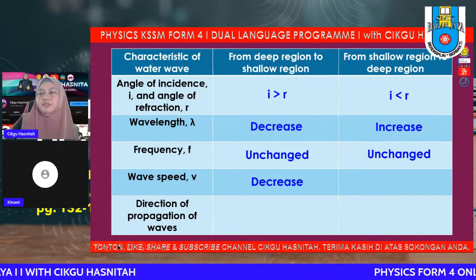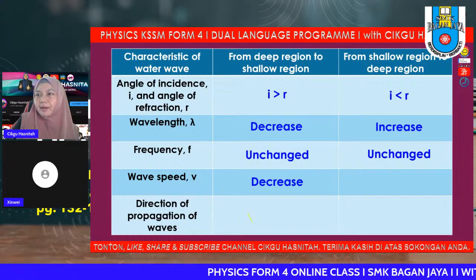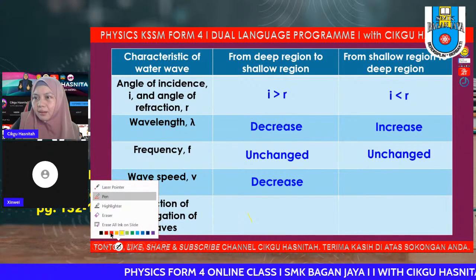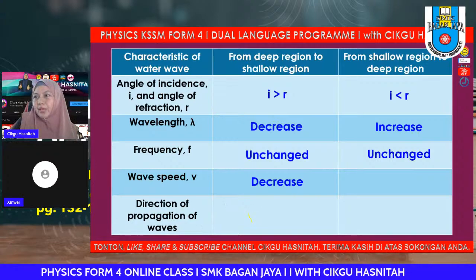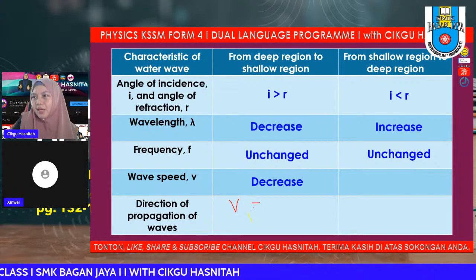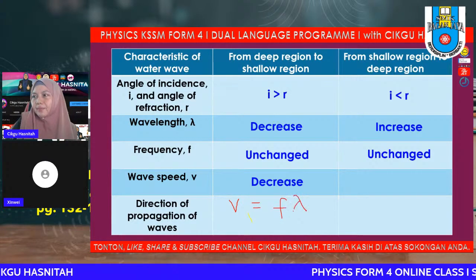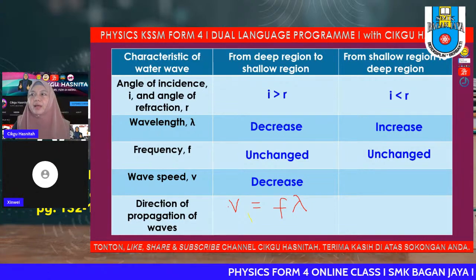Do you remember this formula, the formula for wave speed? V equals f lambda.